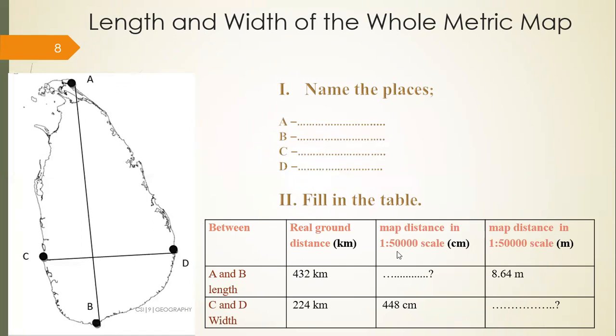The map distance, now according to the scale of the map, you know that to show 1 kilometer of the real ground, they should have 2 centimeters on the map. So how do you find the distance?